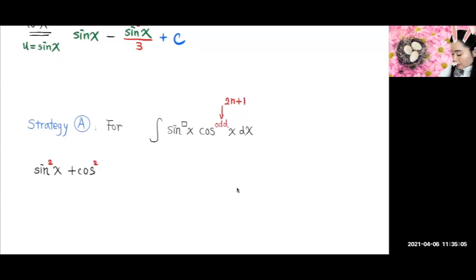So basically, you want to remember this trig identity: sine squared plus cosine squared equals 1. So you make the exponent on cosine even so you can use this identity. To make the exponent on cosine even, you save one cosine x together with dx.